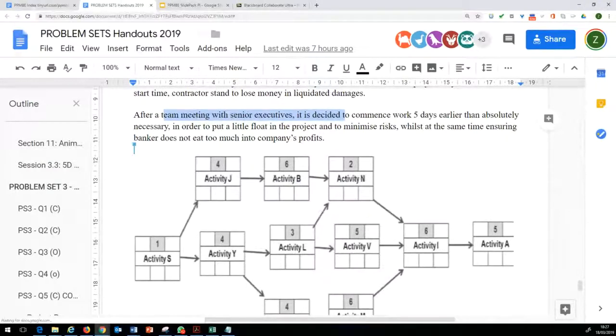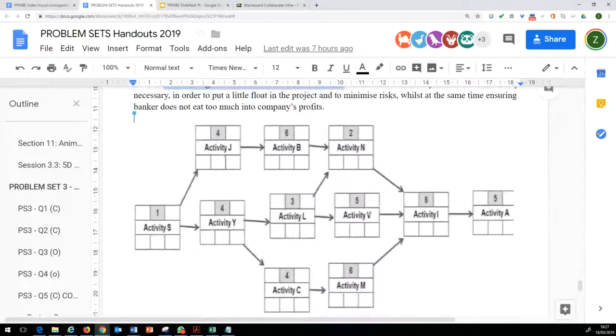So the decision made by the executives was to schedule the project with an allowance of 5 days and then commence the work. Basically, the duration of this project plus 5 days, and then you would commence the work on this project. So all well and good.